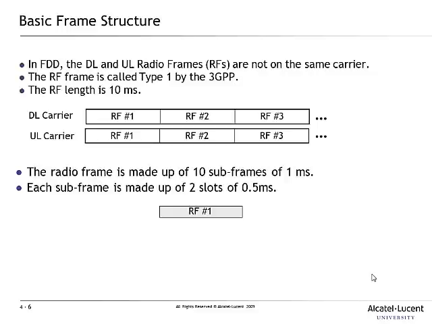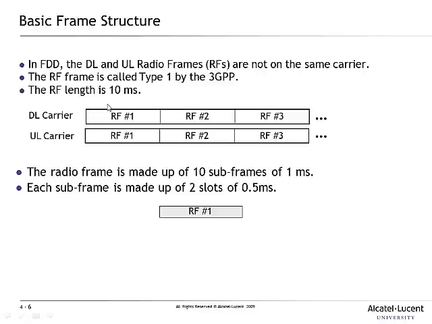Today, in the FDD mode, we have a separation of downlink and uplink. And we also saw that the radio frames that are transmitted on the uplink are not on the same carrier as the downlink. And this is referred to as type 1.